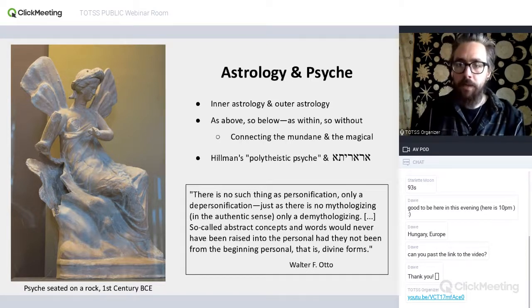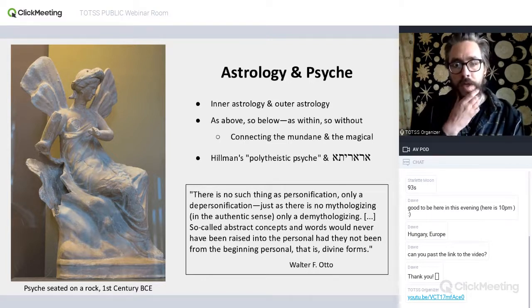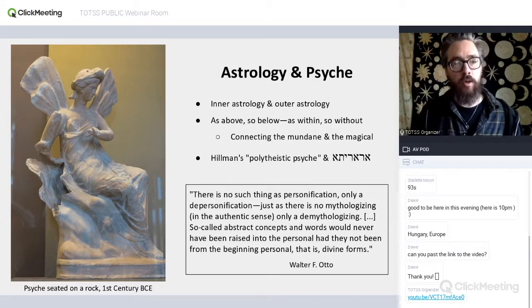Another way of talking about that idea of inner and outer, psychological versus more concrete, and also talking about magic and archetypal symbolism and esoteric symbolism, and then talking about concrete life events. We can also talk about linking the mundane and the magical. Recognizing not just the signatures or natures of the planets in our own inner natures, in our own psyches, our own spiritual work, and our own spiritual progress, but in the world around us, in things that happen to us, or maybe even in the news.